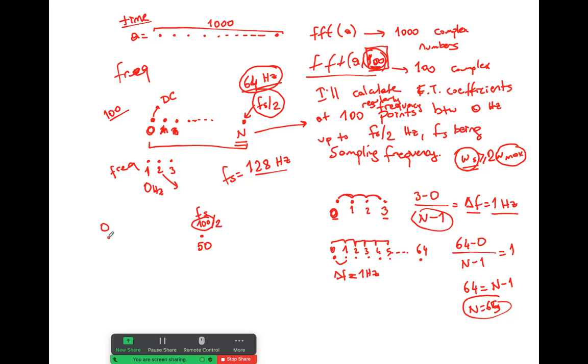So how many numbers do I have between 0 and 50 hertz? 51. So what is the difference between two frequency values? 1, right? 1, 2, 3, 4 hertz. This part is 0 hertz up to 50 hertz.